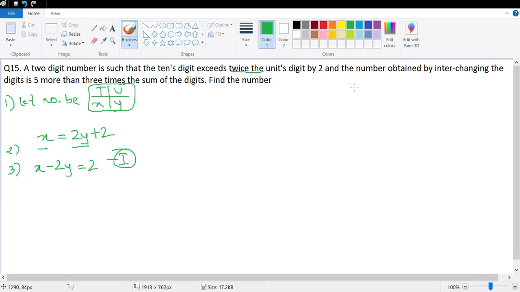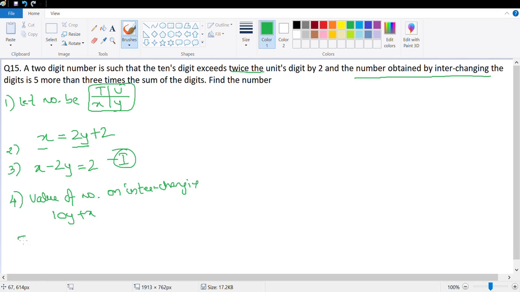And the number obtained by interchanging the digits is 5 more than 3 times the sum of the digits. Okay, so the value of the number on interchanging will be 10y plus x, correct? So 10y plus x would be the value of the number when you interchange the digits.